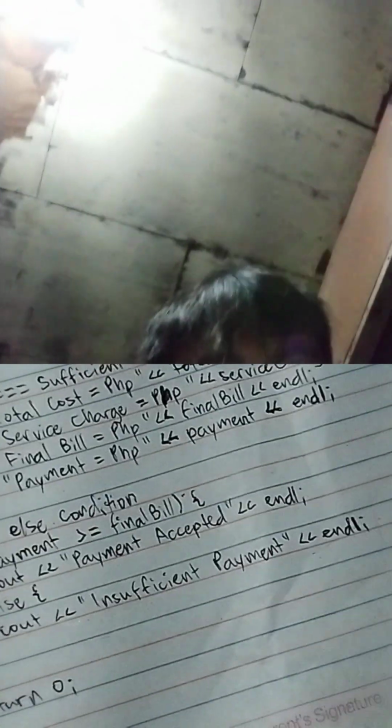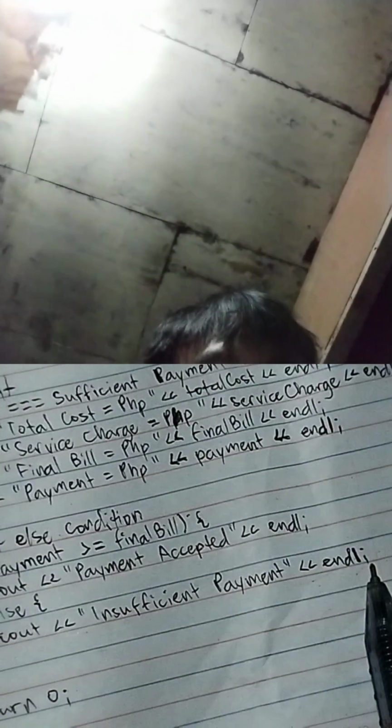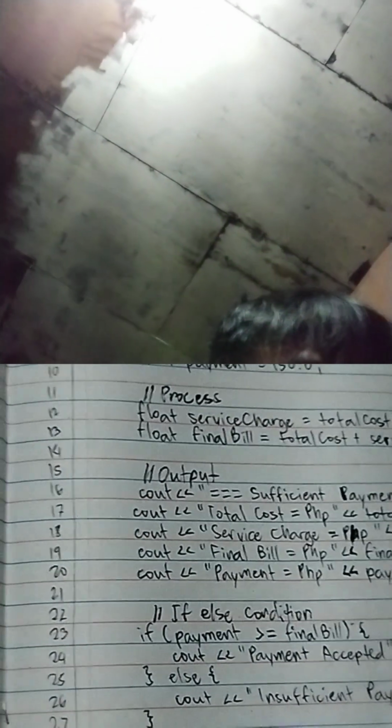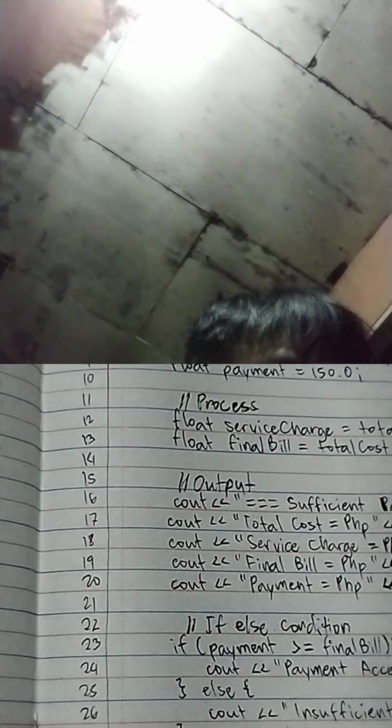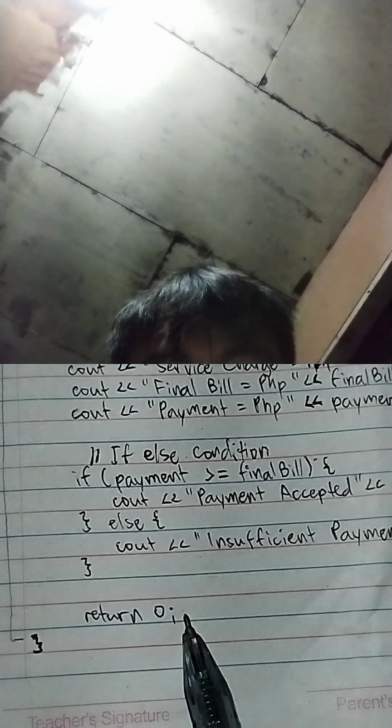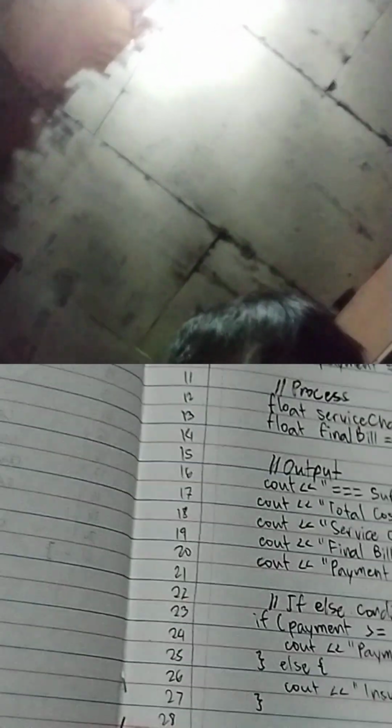And semicolon. Every program puts a semicolon at the end of the codes, and return 0 for perfect execution and no error, 0 errors. And it will run like this.